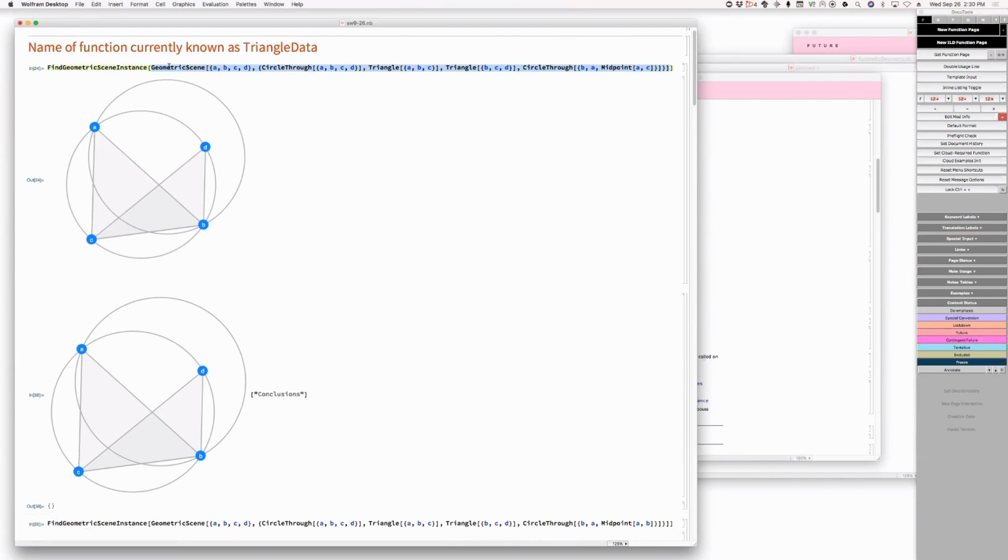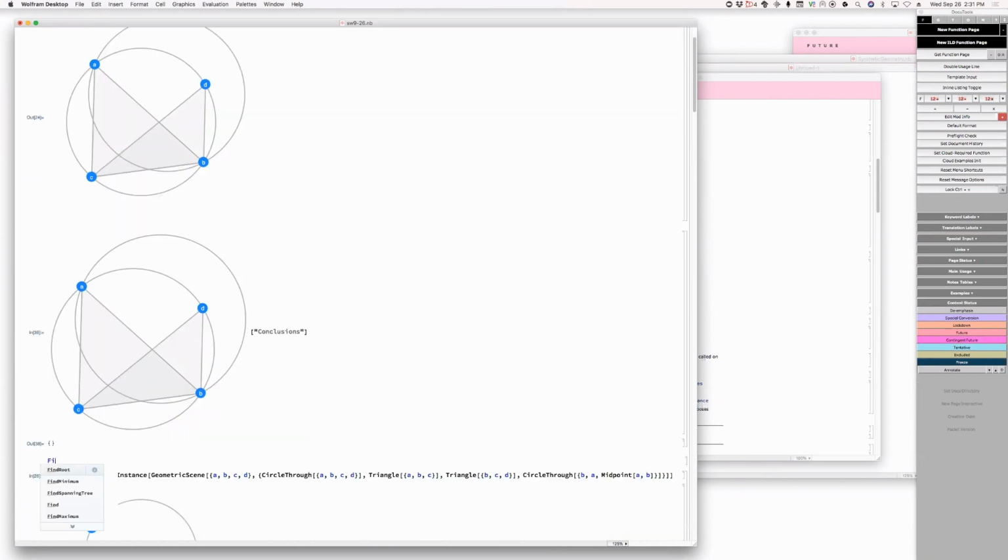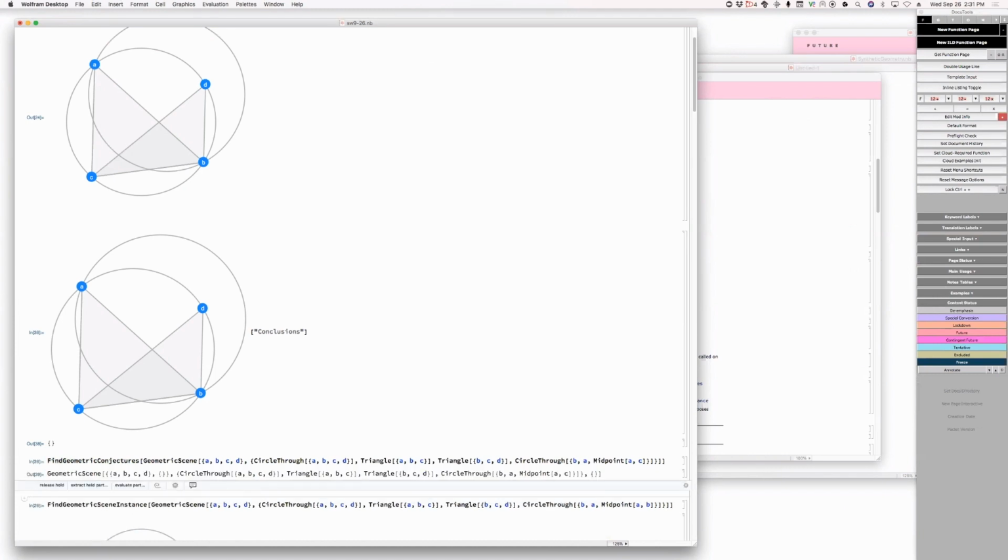So inside the geometric scene, if I say find geometric conjectures here. Did we load the conjecture code? I forget whether this is going to work. It's loaded, but not guaranteed it will work. Also, I don't know if there are any conjectures in final. I might as well try it. So it worked and it found no conjectures.